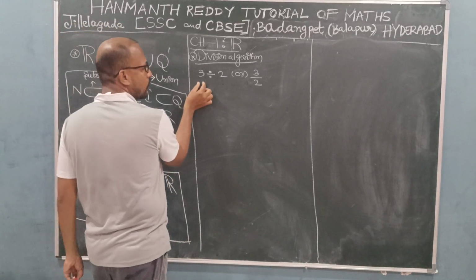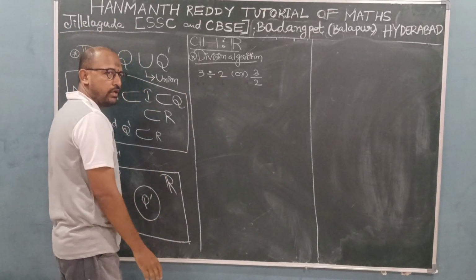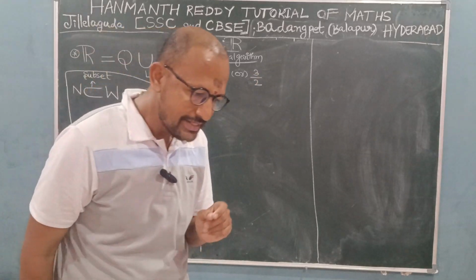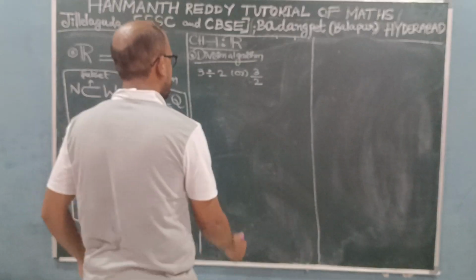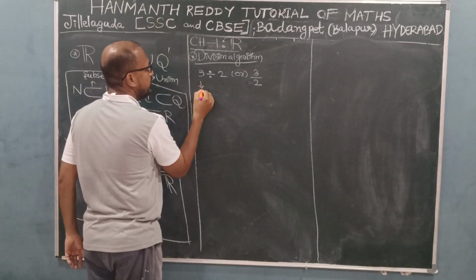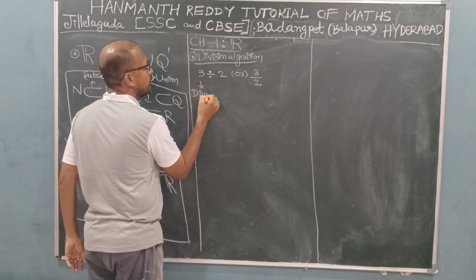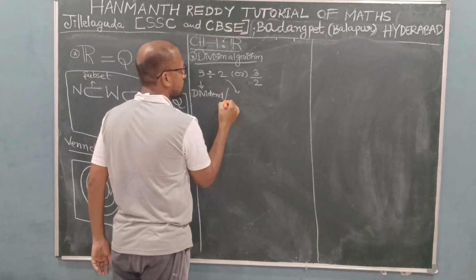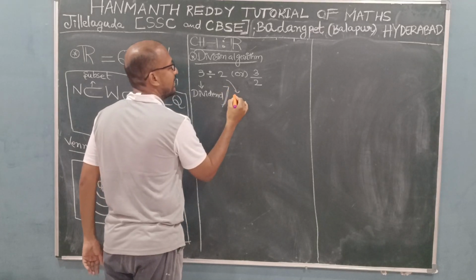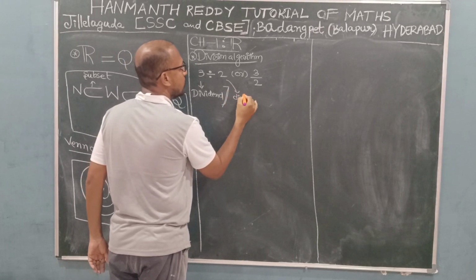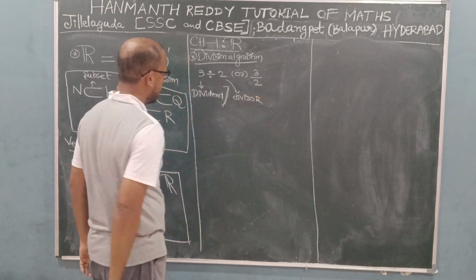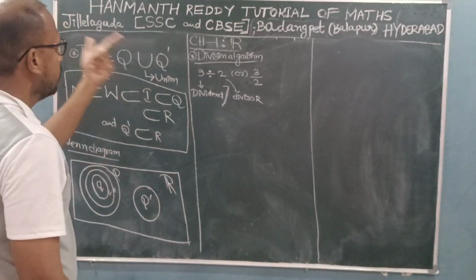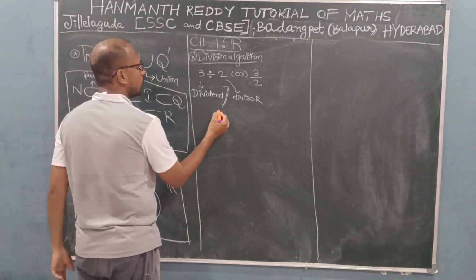The first term is called the dividend, and the second term is called the divisor.